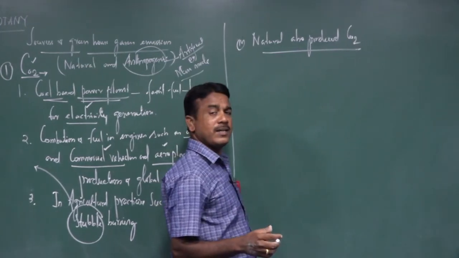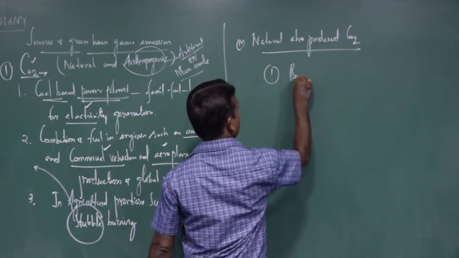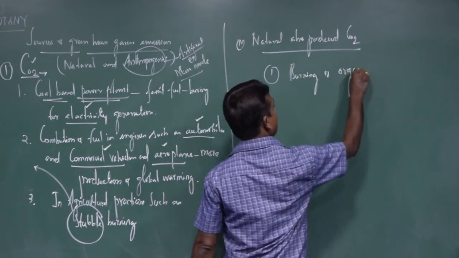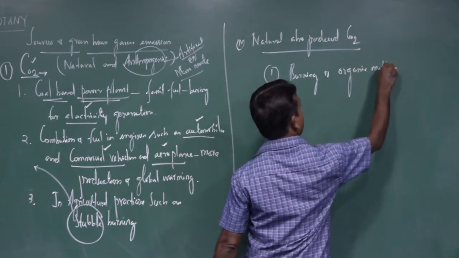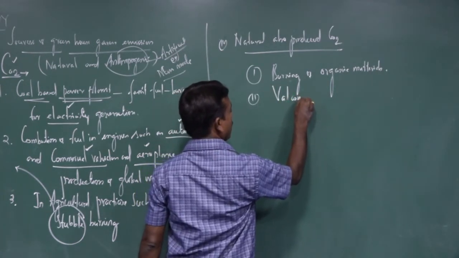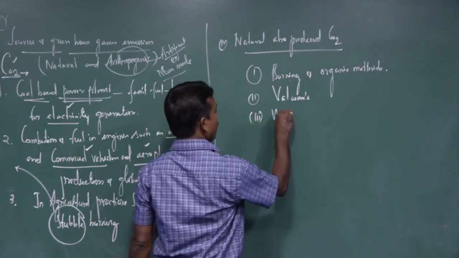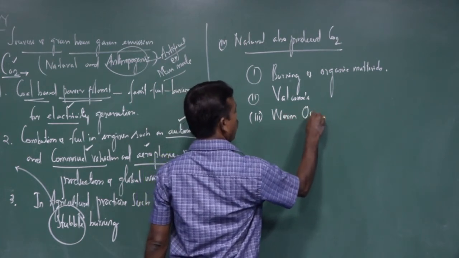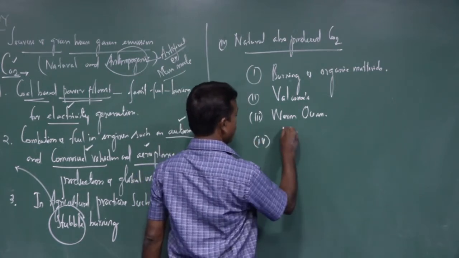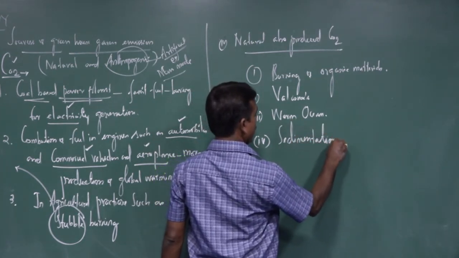In nature, carbon dioxide is generated first of all by burning of organic materials, second by volcanoes, third by warm ocean, and fourth by sedimentation.